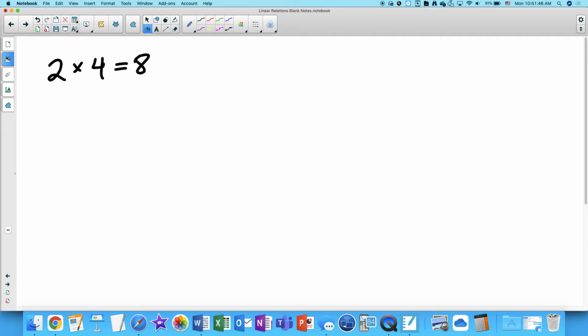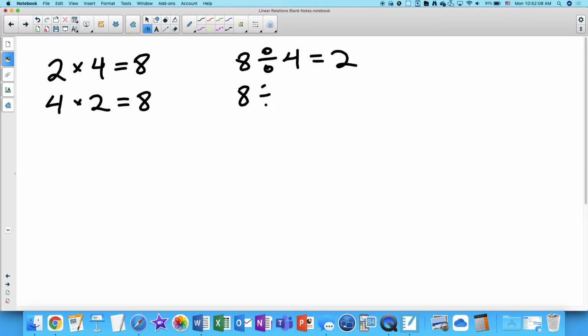With this group of numbers, there's actually 3 other statements that we can make that are true using multiplication and division. We can also say 4 times 2 equals 8. Those are the 2 multiplication statements. The 2 division statements would be 8 divided by 4 equals 2, or 8 divided by 2 equals 4.